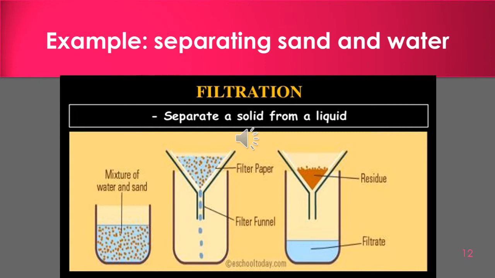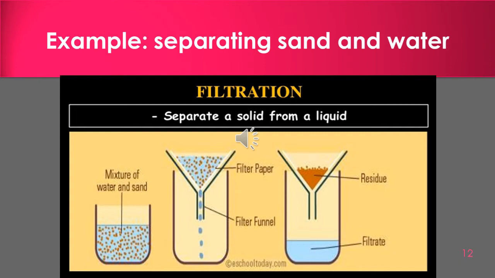Upon pouring the mixture of water and sand into the funnel or into the filter paper, you'll notice that the liquid was able to pass through the filter paper while the sand is left in the filter paper or cloth. It wasn't able to pass through or penetrate the material.